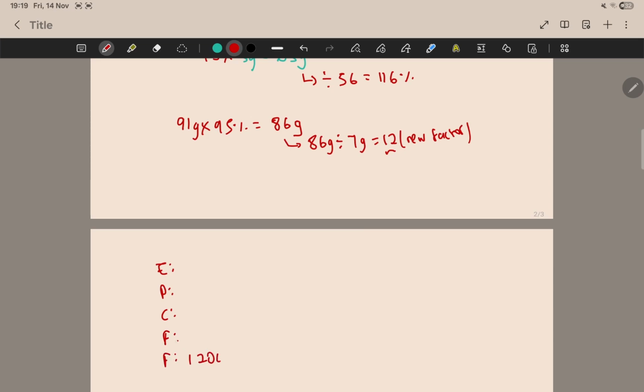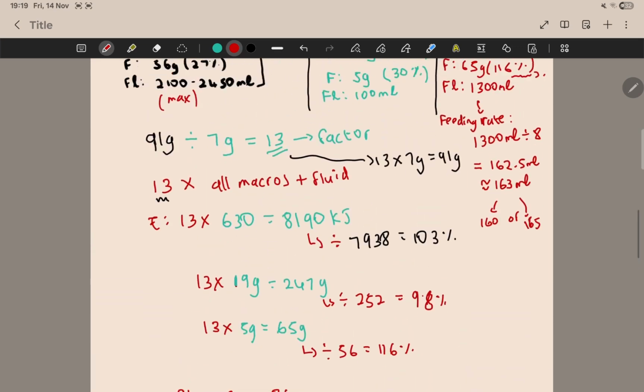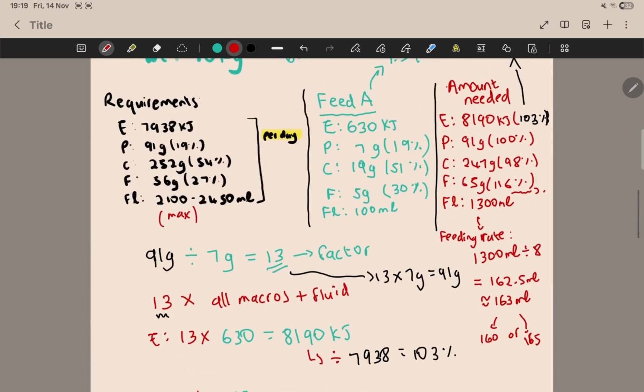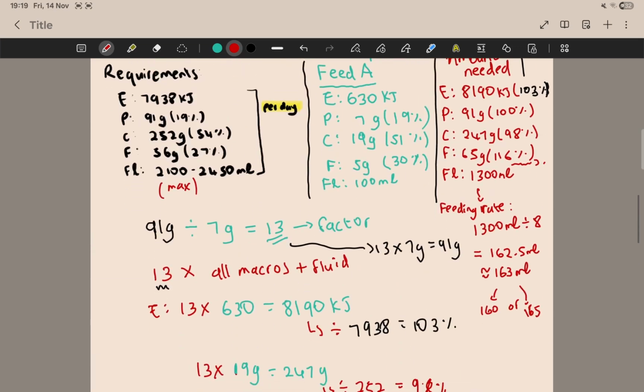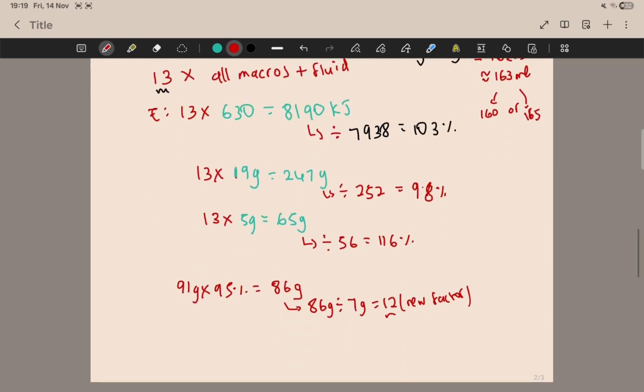Fluids, we know it's going to be 1,200 mL. Let's calculate the energy. So we simply say 630 multiplied by 12, 7,560. Okay, because there's 630, protein is 7 grams multiplied by 12. We know what that is already. It's 84.